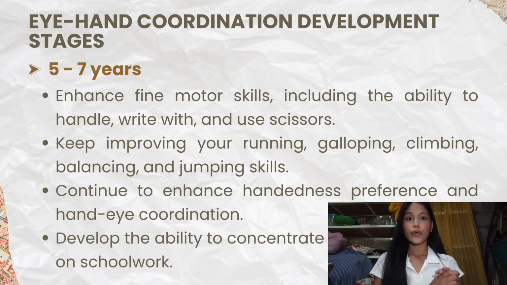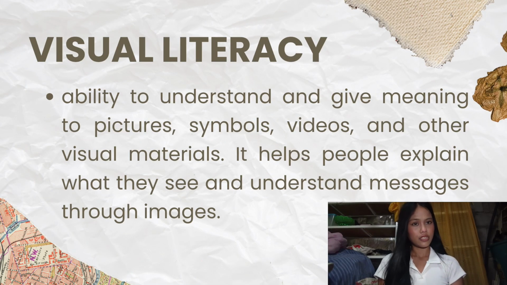Now, we all know that there are 3 stages: birth to 3 years, 3 to 5 years, and 5 to 7 years. Now, let us proceed to visual literacy. What do we mean by visual literacy?